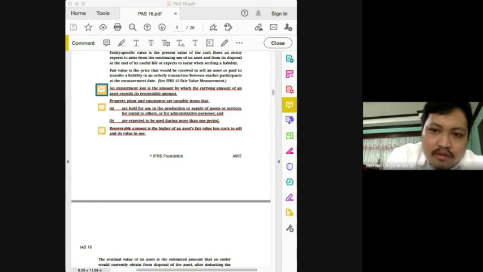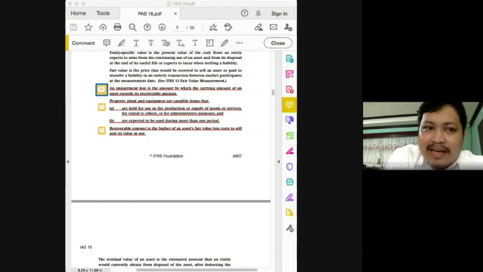Third, please remember as to when an asset is considered to be impaired. And again, very simple, it is impaired if the carrying amount is greater than the recoverable amount. Fourth, remember as to what will be used as recoverable amount. It is either your fair value less cost to sell if the asset is sold or disposed, or its value in use if the asset is continually used until the end of its useful life.